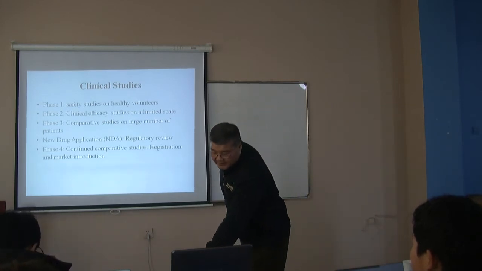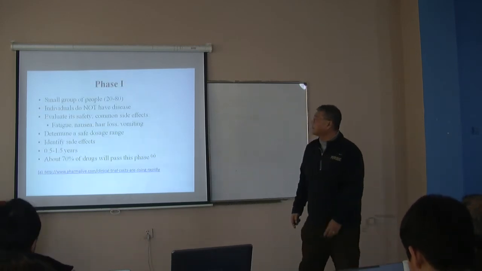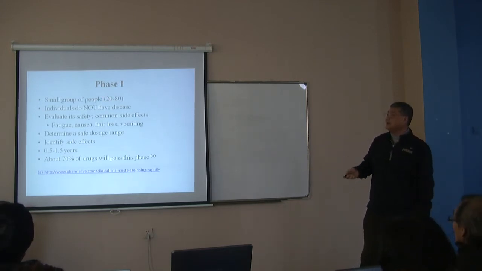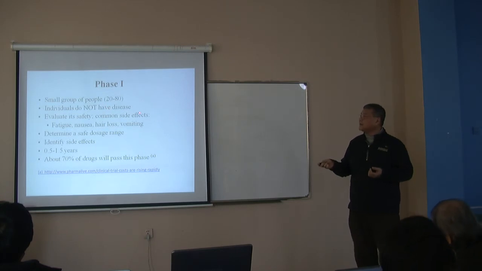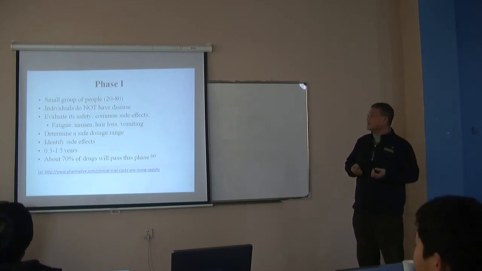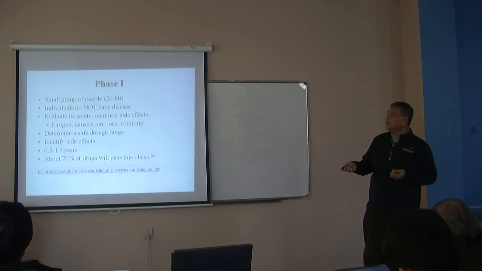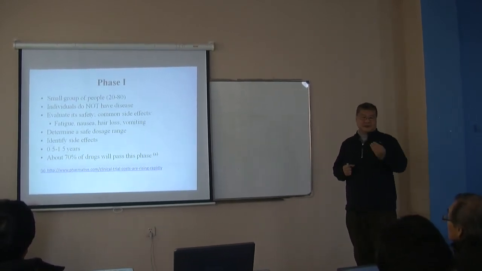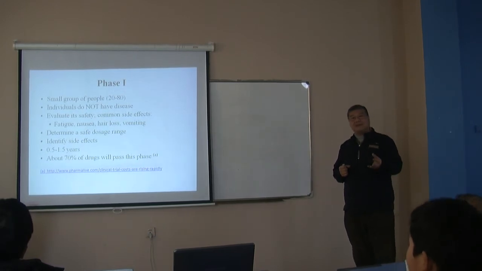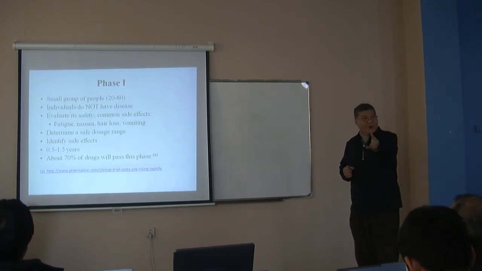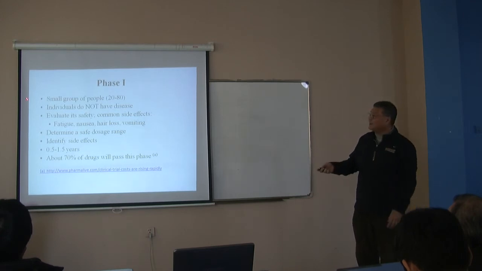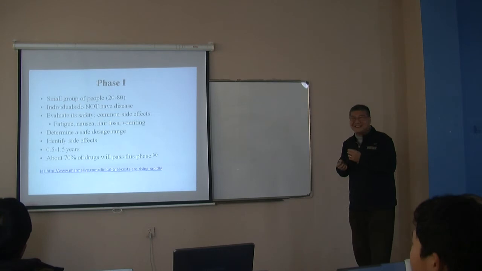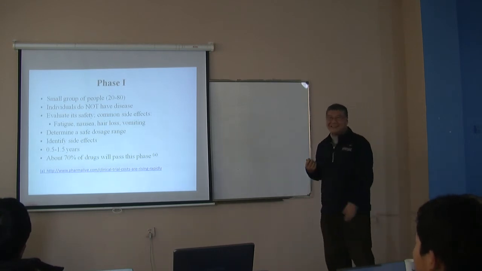Okay, then going to clinical study, phase 1. It's a very small group, 20 to 80, but they have to be very healthy persons who don't have a disease. And then they evaluate safety, so they give you a small amount first, a middle amount, more, and more, and more, until you say, I'm so dizzy, I got vomiting, I hate this.